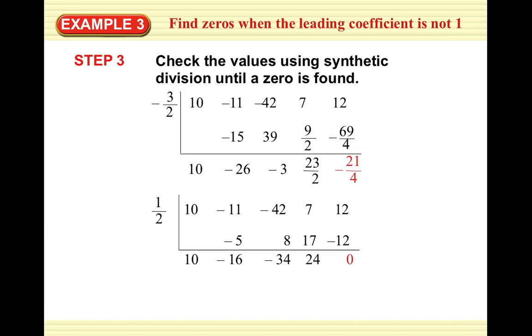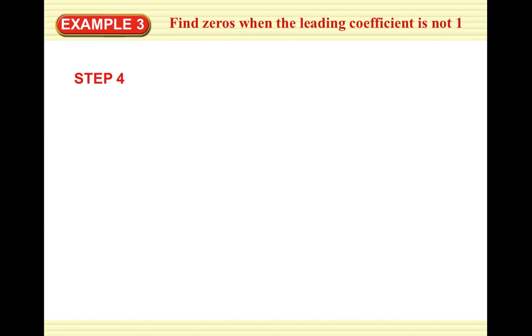Plugging it in through synthetic substitution, we see, hey, this is a 0, so that means 1/2 is a solution. Yay! I think there was a typo here because according to the graph and according to this last line, it was supposed to be negative 1/2, not positive 1/2. The textbook has it written correctly, but the PowerPoint did not.